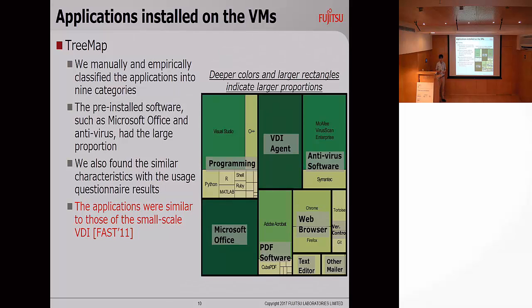To create the tree map, we manually and empirically classified the applications into 9 categories, and we found that pre-installed software, Office, and antivirus software had a large proportion. These applications were similar to the small-scale VDI.